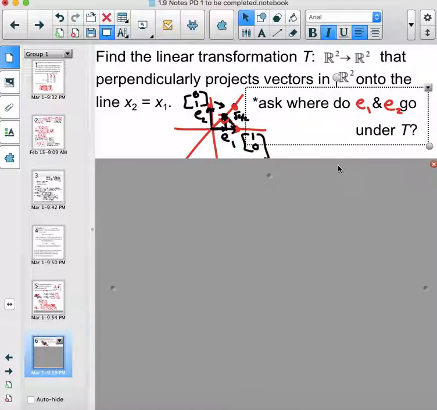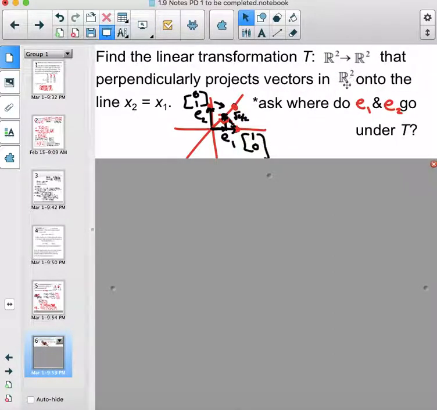Okay, your turn here. Find the linear transformation from R2 onto R2, perpendicularly projecting vectors in 2-dimensional space onto the line. Think about it as y equals x, or x2 equals x1. So ask yourself, where does E1 go? Where does E2 go? So the column vector E1, 1, 0, goes 45 degrees up to there.